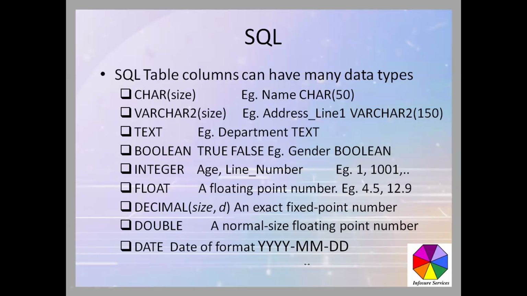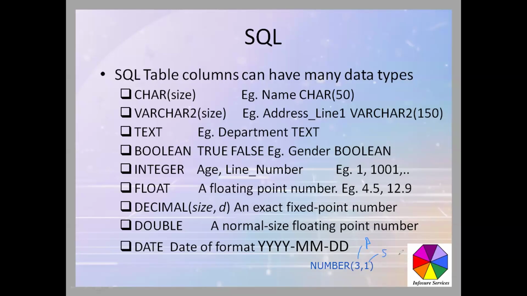Let me type it: number of 3, 1. This is a data type too. In Oracle, I could have score or marks as number of 3, 1. What does this mean? I have 3 digits totally and one digit after the decimal point. This is called precision and that is called scale.